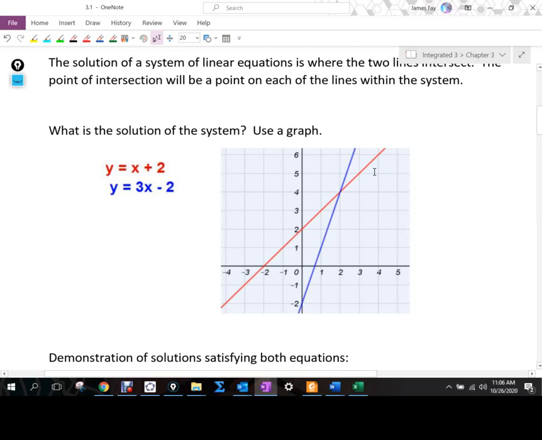Every point on here that is blue satisfies that blue equation. There's a point like 1, 1 on here.